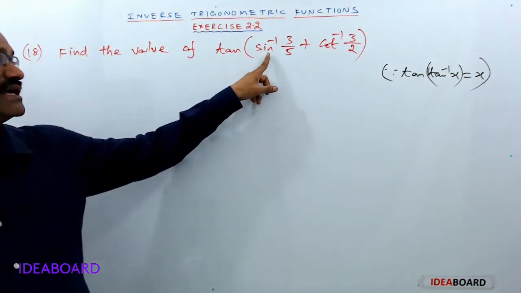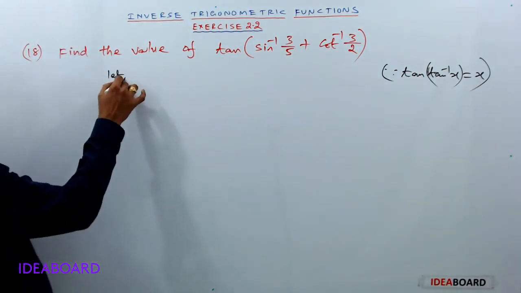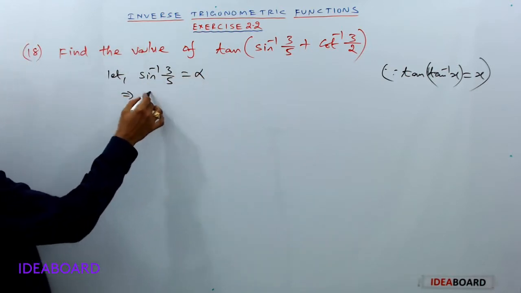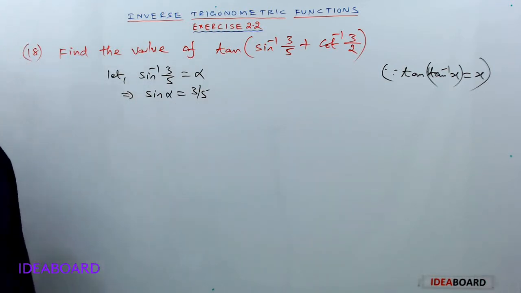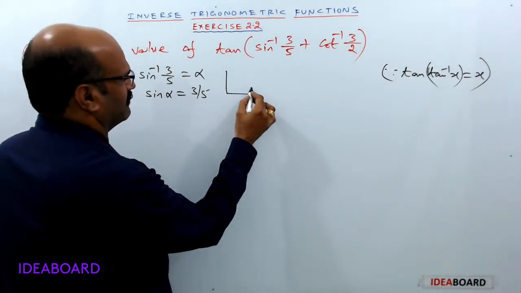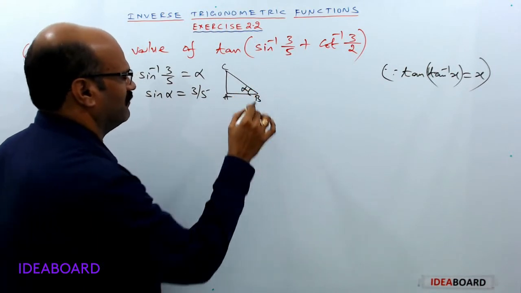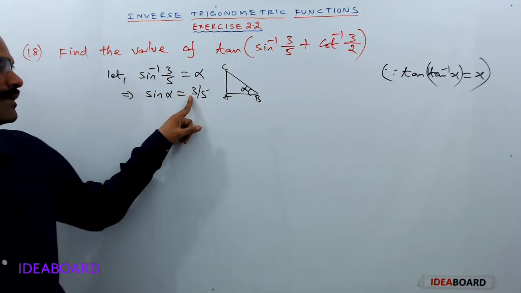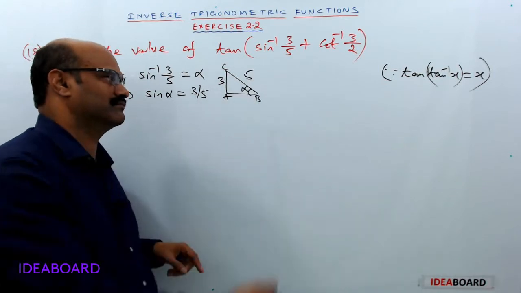So first take sin inverse of 3 by 5 equal to alpha. Let sin inverse of 3 by 5 equal to alpha. It implies sin alpha equal to 3 by 5. Now take a right angle triangle here, ABC, alpha, sin alpha equal to opposite side by hypotenuse 5.